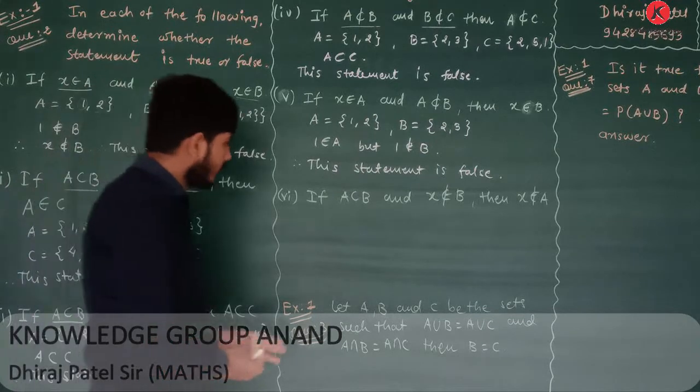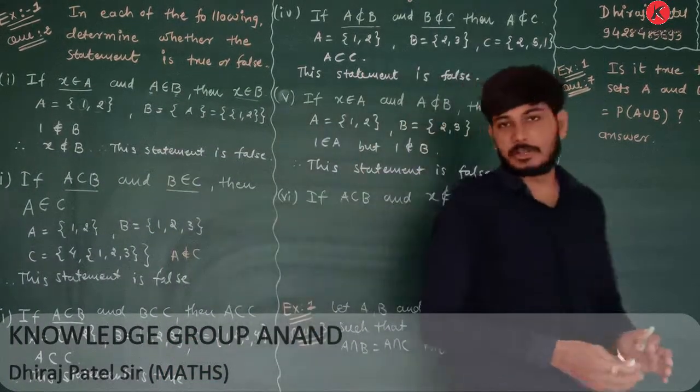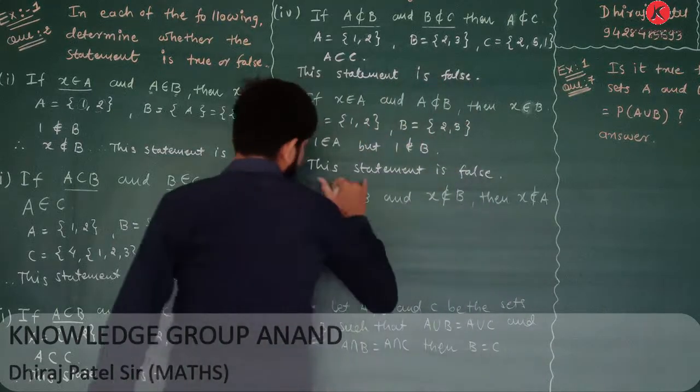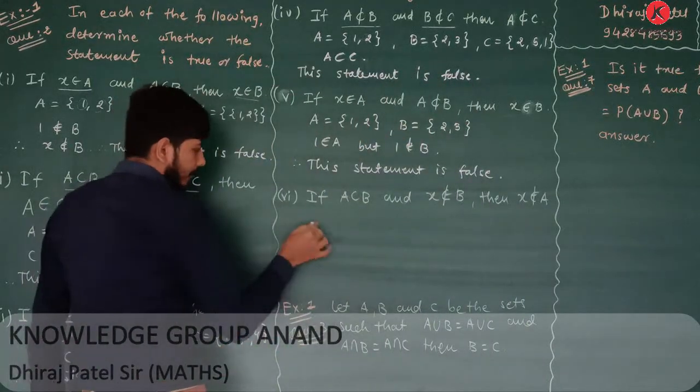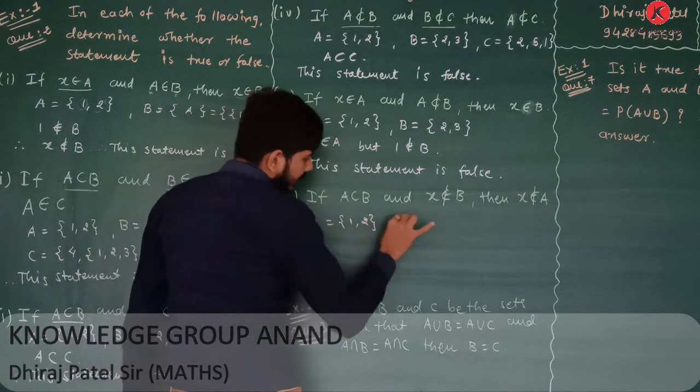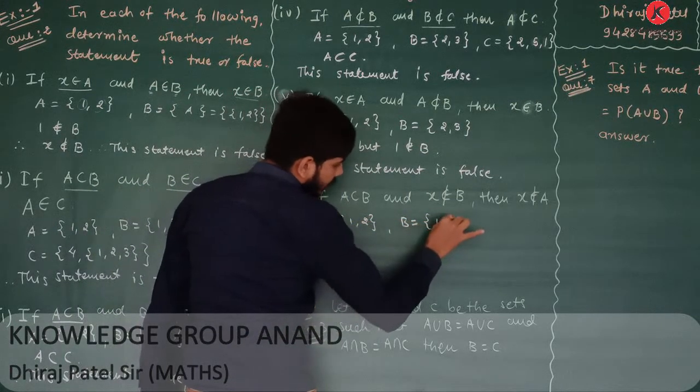Next one. If A is a subset of B, that means all the elements of set A are in B. So I am taking set A equal to {1, 2} and set B equal to {1, 2, 3}.